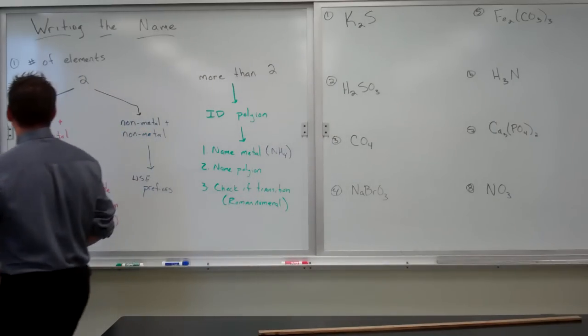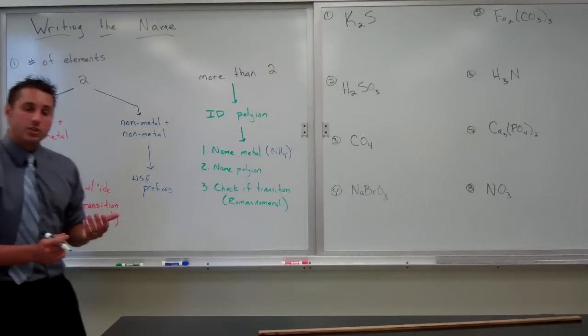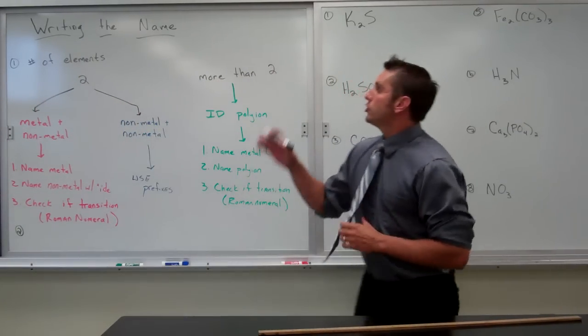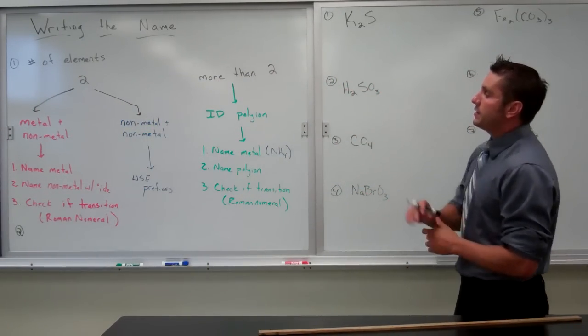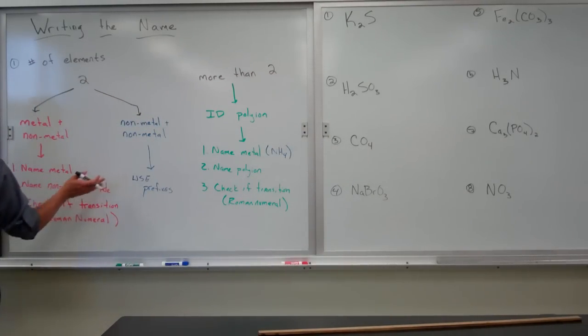I've left up the flow diagrams that we had previously used for writing the names and writing the formulas of things. With writing the name, this was the flow diagram we used. I'm going to add one thing here at the bottom because at this point we hadn't addressed acids yet. First we look for the number of elements, and then if it's a metal with a non-metal, you name the metal, and you name the non-metal with IDE or the polyion.